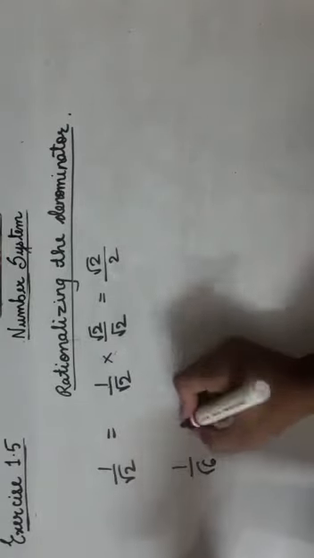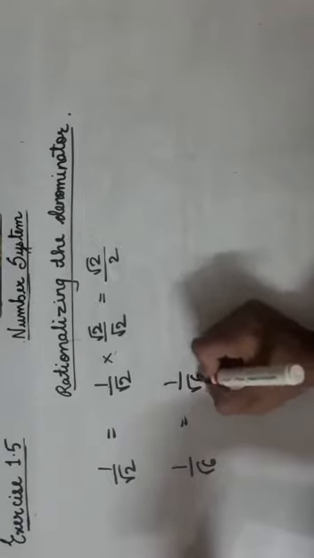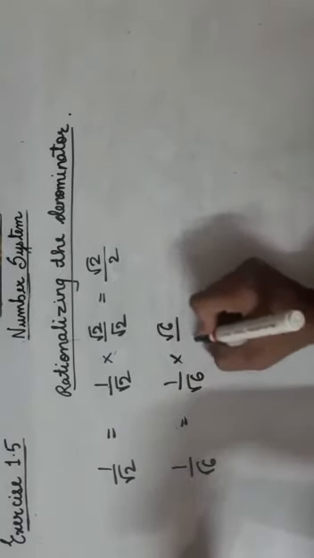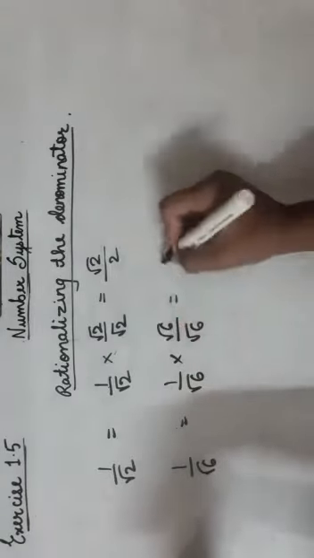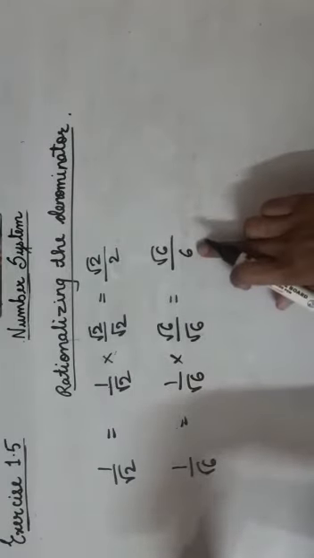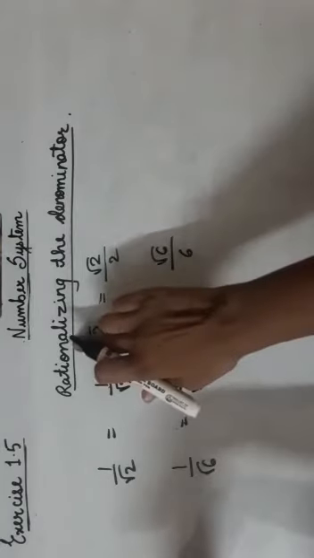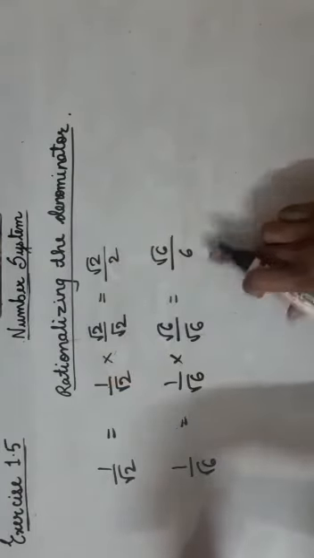Clear? Suppose I take another number 1 upon root 6. Same way you will do it. 1 upon root 6 into root 6 upon root 6. Root 6 cancel, does not change the value. Then 1 into root 6, root 6. Root 6 into root 6, 6. Again denominator is no longer irrational, it became rational. So we have rationalized the denominator.